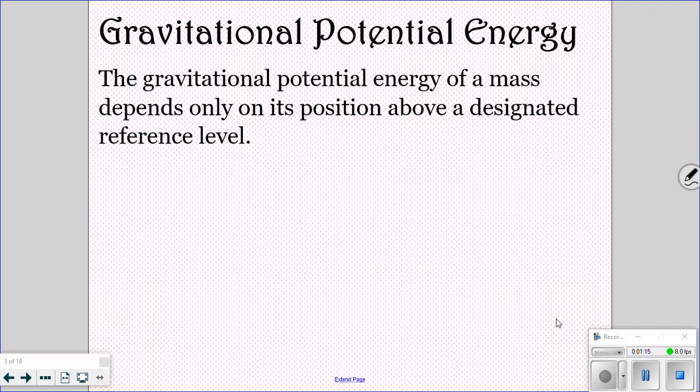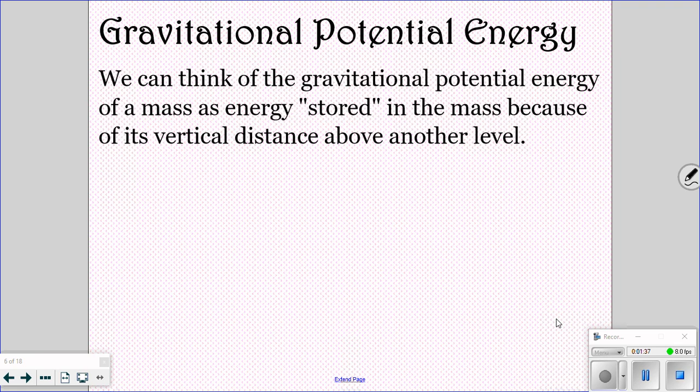The gravitational potential energy of a mass depends only on its position above whatever your reference level is. So we chose the floor, or whatever flat surface you want. You just have potential energy based only on the position that it is above it. We can think of gravitational potential energy as energy that's stored just because of the vertical distance above the level that we designated.